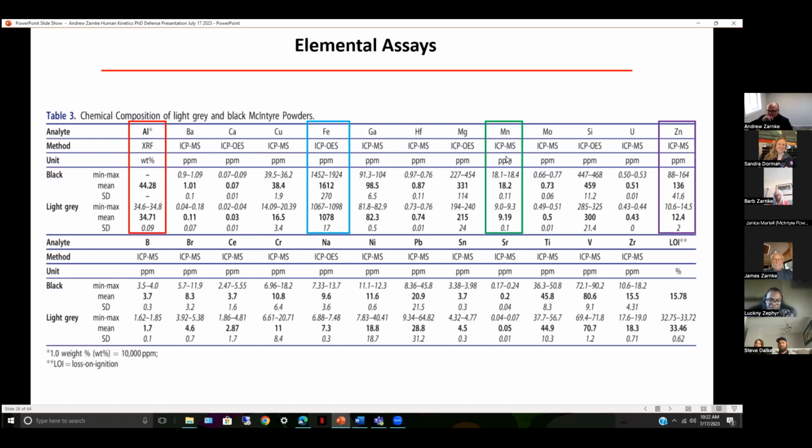But again, the sample is digested completely with a strong acid. So all of these contaminants could have been in solid solution within the particles rather than standalone, say, bioavailable versions of this. But we felt it was important to potentially understand what contaminants could have been present.